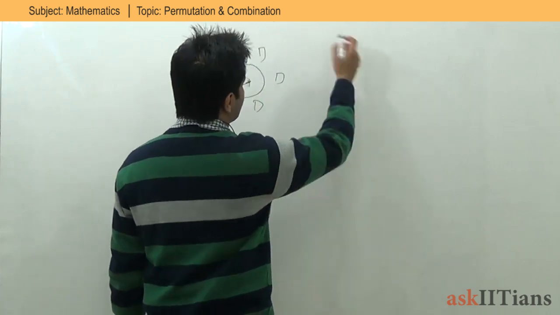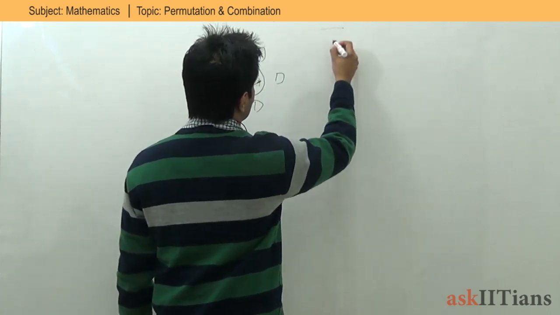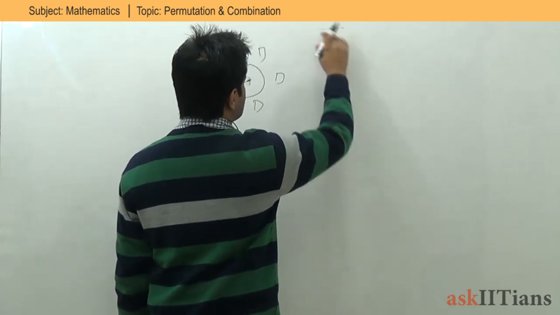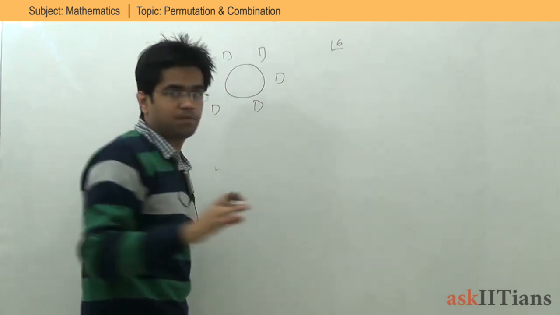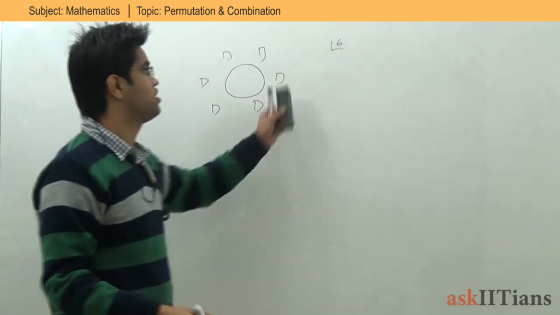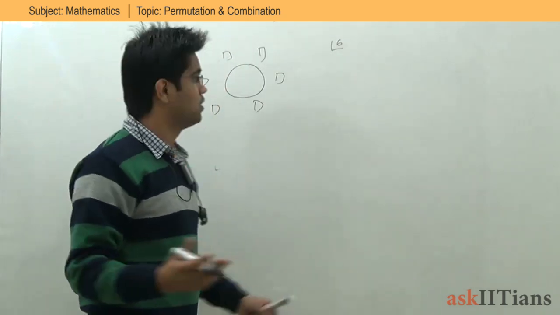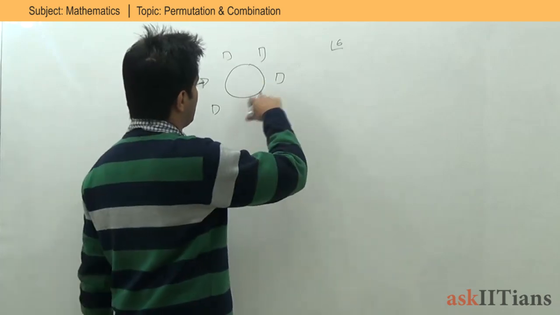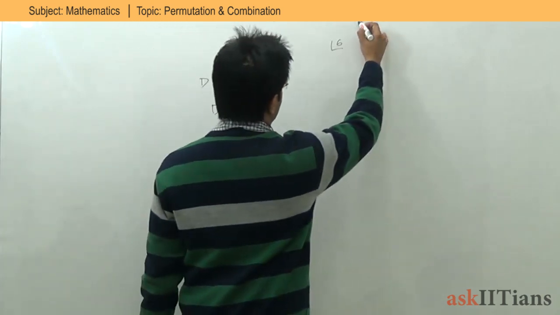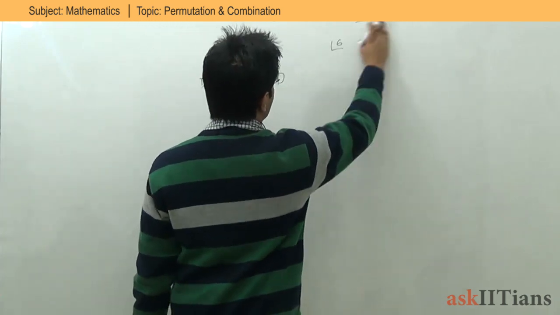As we have seen, if we are arranging in a straight line, the answer will be factorial 6. Remember, the persons are always different, so there is no need to divide by any number. If we have to arrange them on a straight bench, then the answer will be factorial 6.